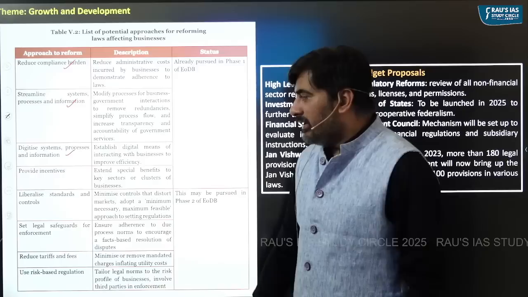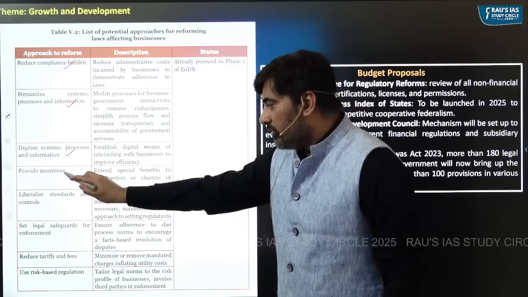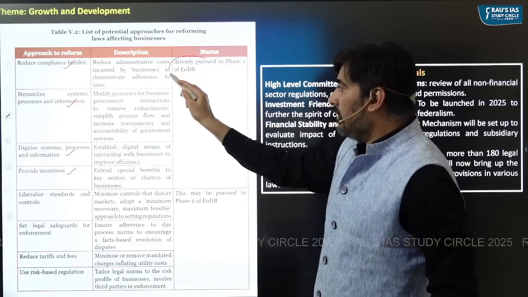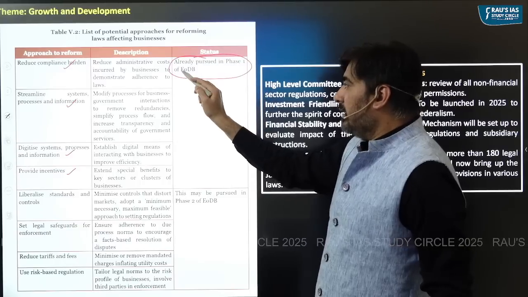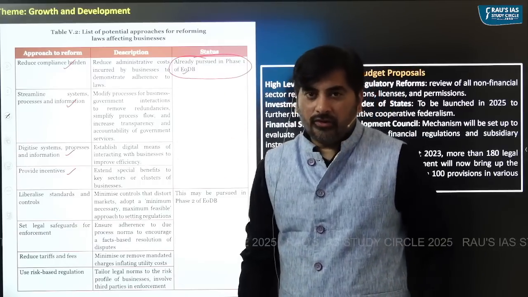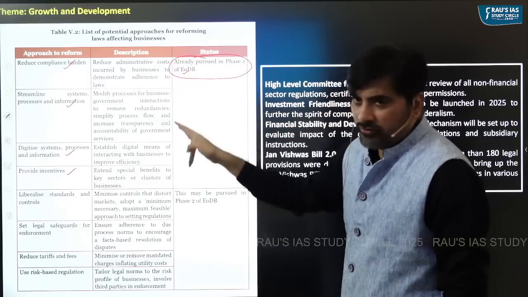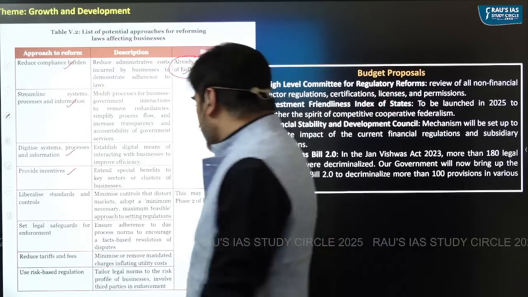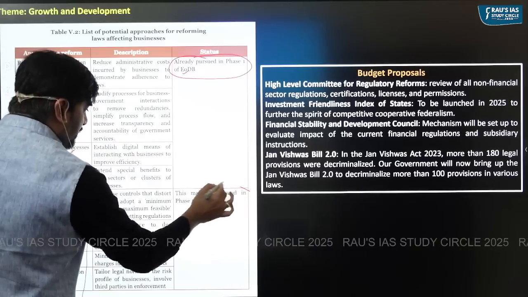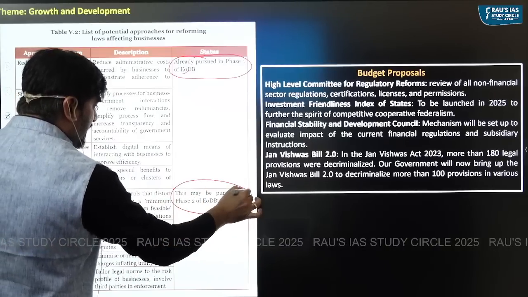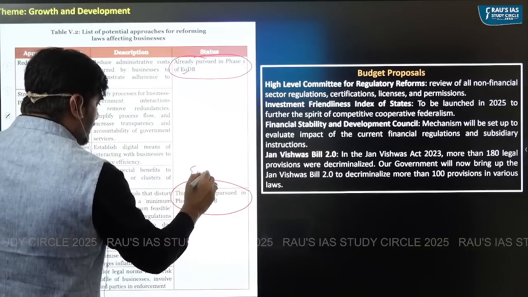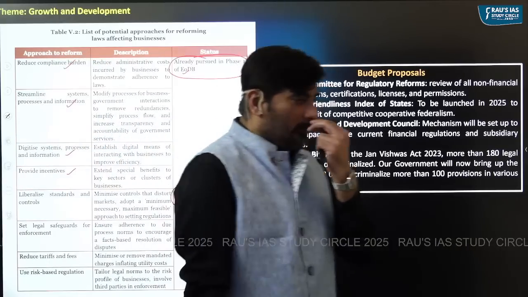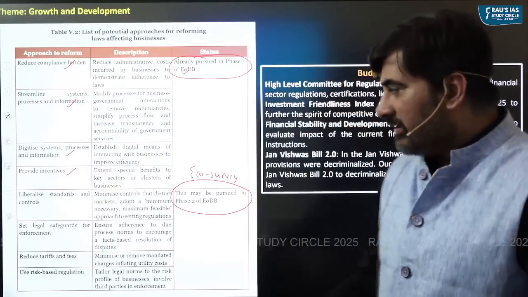We have undertaken digitization, and we also provide incentives. These are the things which we are already pursuing in phase 1 of ease of doing business. Not so important. What is important is the next part, because this should be pursued in phase 2 of ease of doing business. This is the recommendation of the Economic Survey. What is this phase 2? Let's understand.